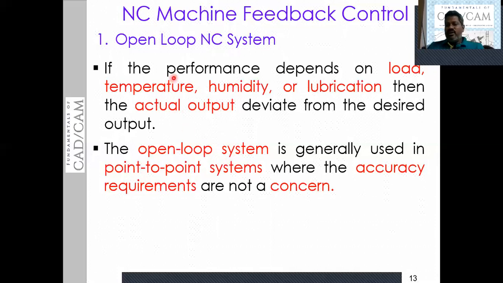The performance or the accuracy depends on the environment, such as the load, temperature, humidity, and lubrication. These factors totally will affect the performance or the accuracy of the working. So this open loop control doesn't have any control over the operating conditions. So this open loop is adapted to the machines where we don't require much accuracy.